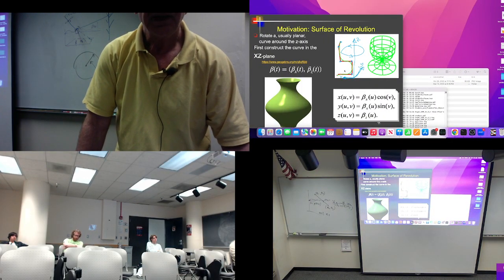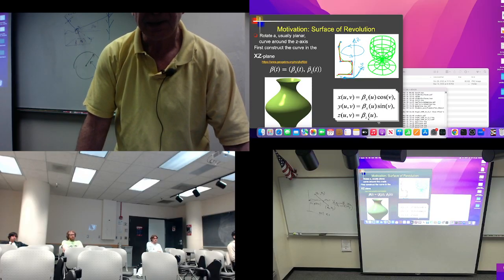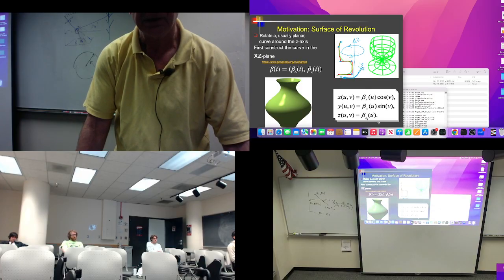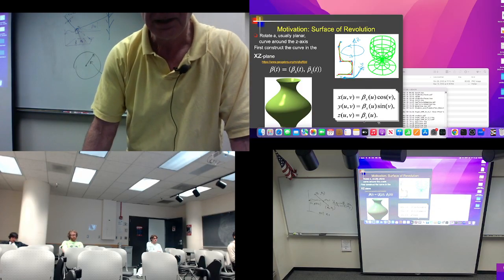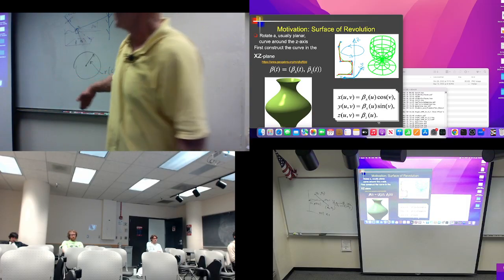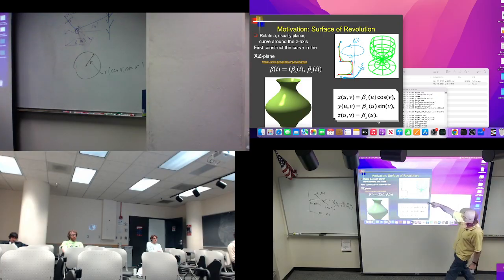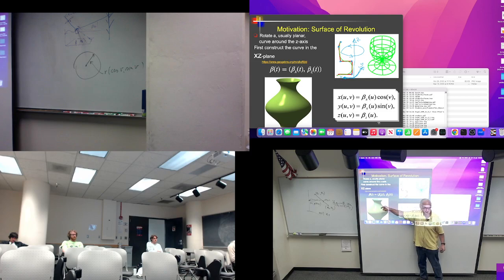So here I'll use the radius as the x coordinate. Here we are rotating it around Z. More examples coming up, so don't hang up on this slide. The Z coordinate is just what used to be the Y. I'm just rotating around the Z. So the curve is now parameterized again by t.